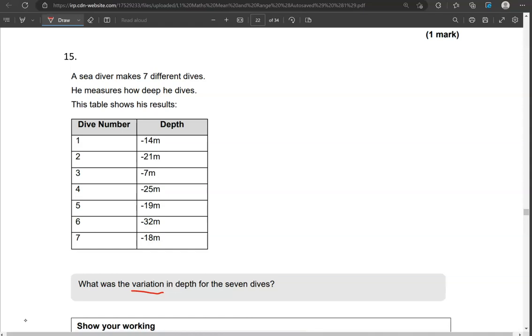treat them as if they had no minus sign in front. So we've got negative 32 meters and negative 7 meters.